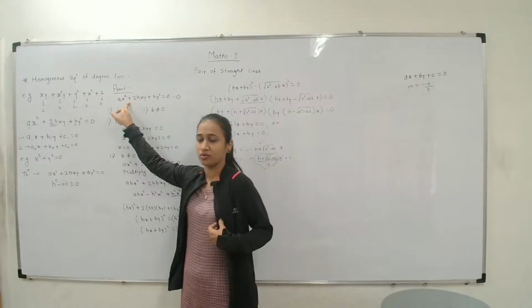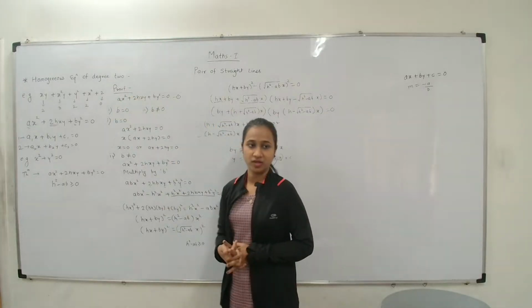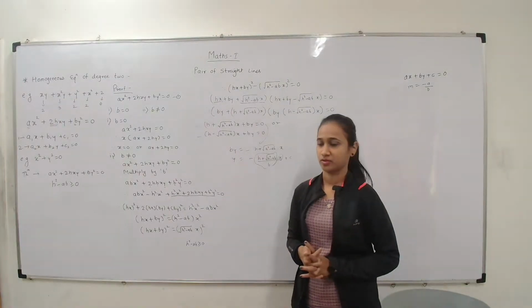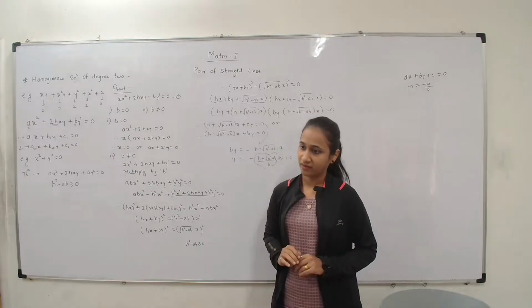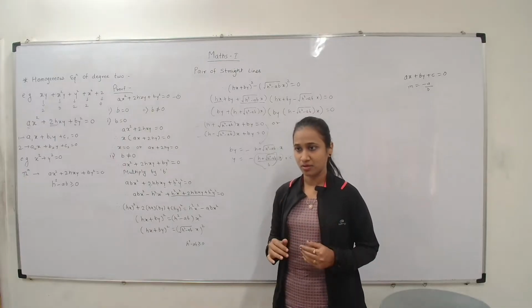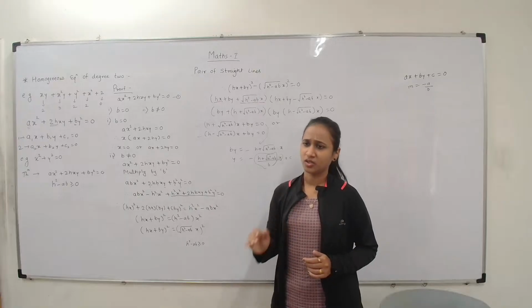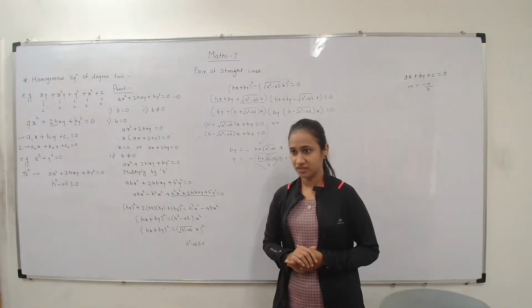Consider a generalized homogeneous equation of degree 2, ax square plus 2hxy plus by square. Consider the two cases that b is equal to 0 and b is not equal to 0. So for the first case, b is equal to 0, just substitute the value of b at 0, try to solve and try to get the two separate equations, and just write down these are the equations of lines passing through the origin.